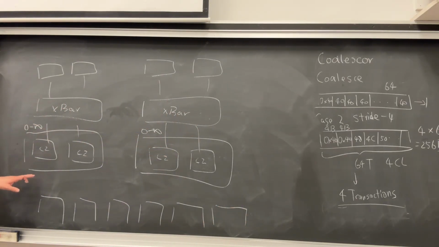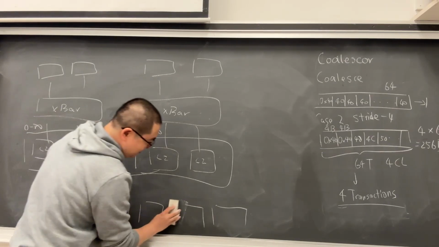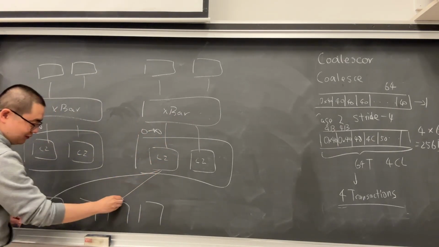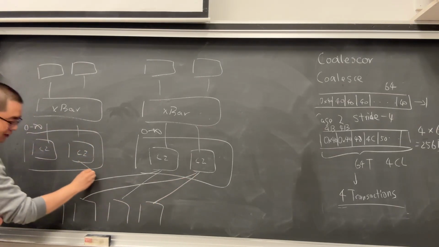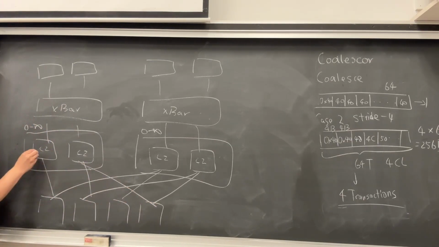So that means we need another crossbar at this point. Just make it simpler, draw 4 of them. This one may connect to these two. This one may connect to these two. This one connects to this one and this one. And this one connects to this one and the third.